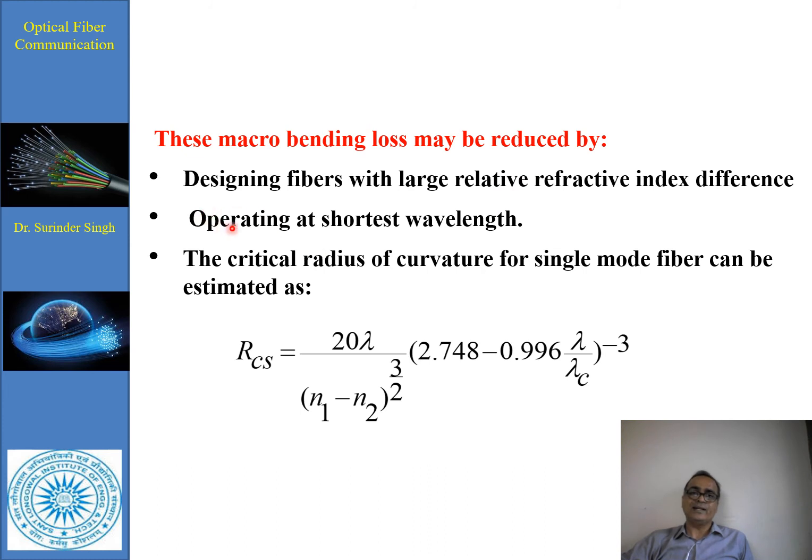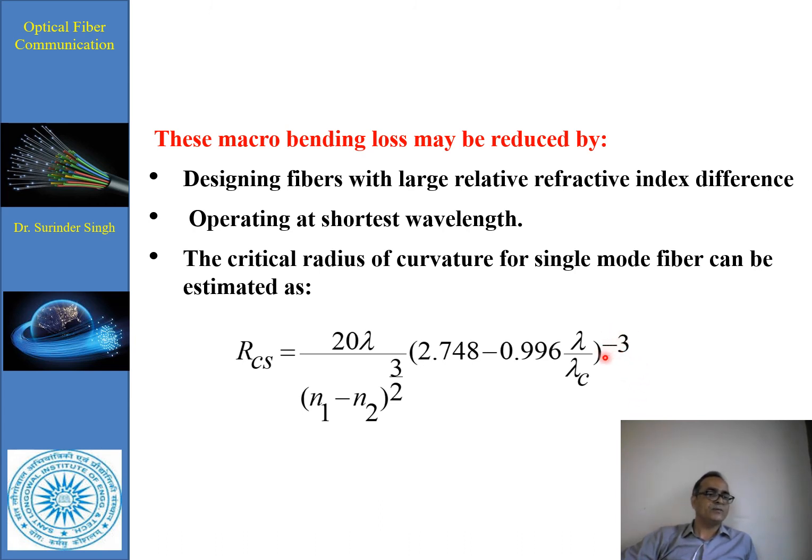Another is operating at a shorter wavelength. The critical radius of curvature for single mode fiber can be calculated by this formula: 20 lambda over (n1 minus n2) to the power 3/2, multiplied by (2.748 minus 0.996 lambda over lambda c) raised to the power minus 3.